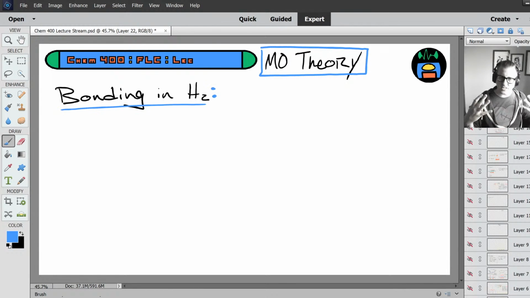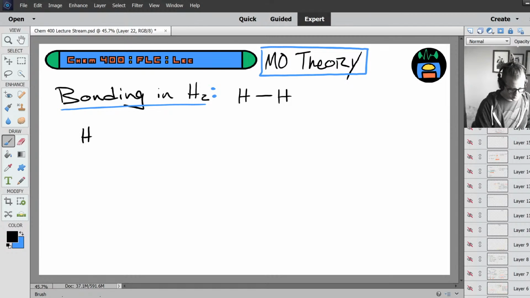If I asked you, can you use orbitals and direct overlap to explain the bonding we see in a molecule of H2, which has one single bond, one sigma bond? Of course you can. You've got one hydrogen with an electron in its 1s orbital, and then your second hydrogen with its electron in its 1s orbital.